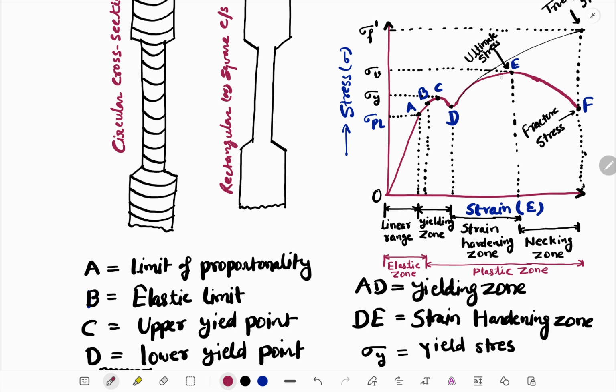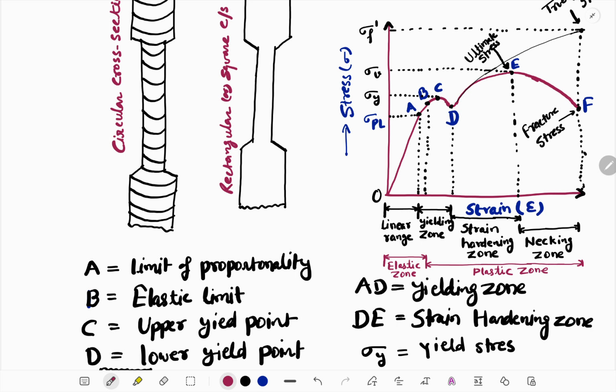Further, if we increase the load, the material is going to elongate and it will be in the strain hardening zone. This means the material will sustain and is not going to fail up to point D. This zone is called the strain hardening zone.